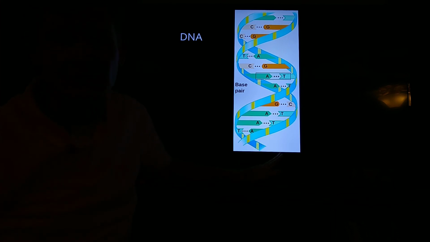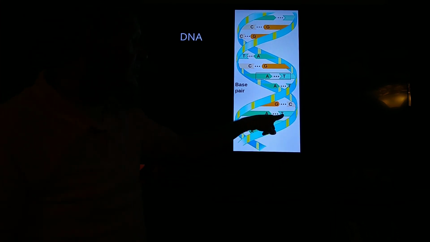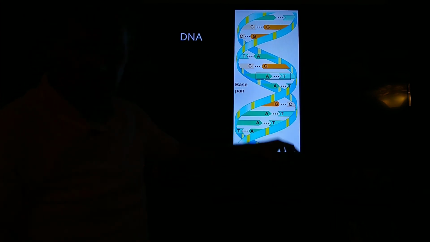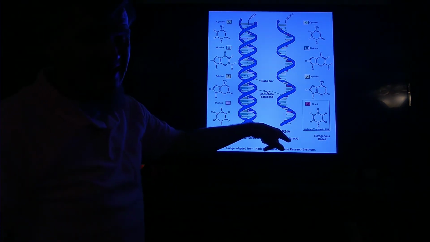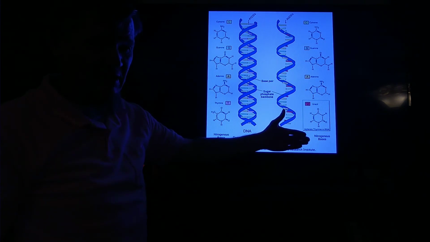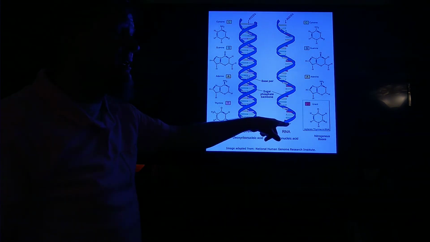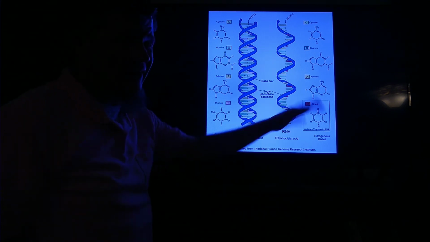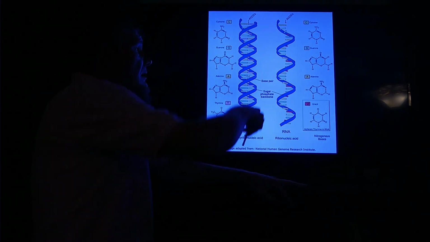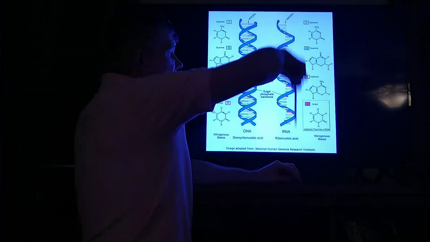DNA is double-stranded. DNA uses thymine. RNA is single-stranded. This is half of my ladder. It's not the top half or the bottom half. It's the right half or the left half. DNA is double-stranded. RNA is single-stranded.